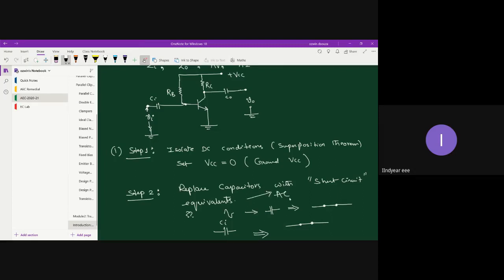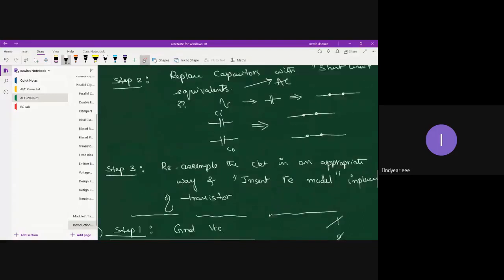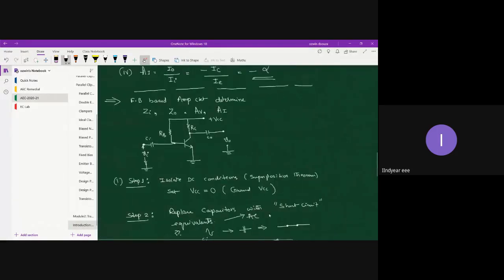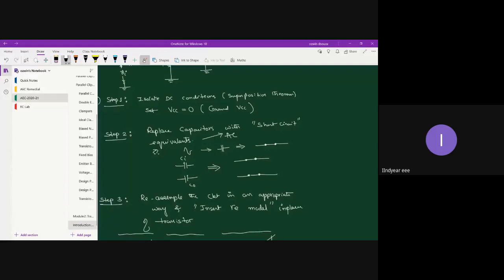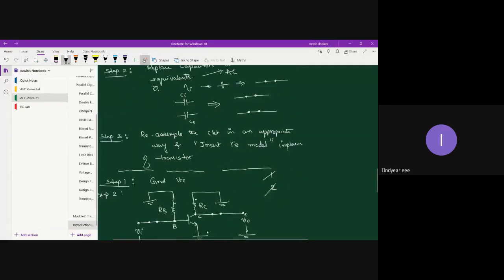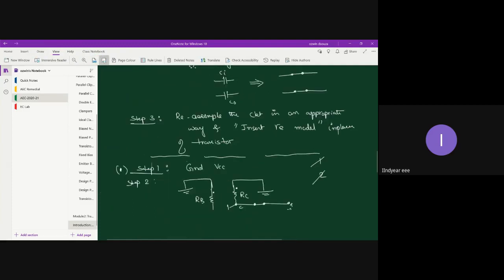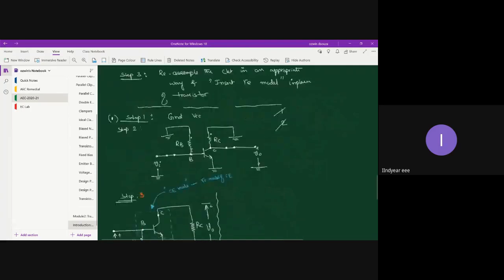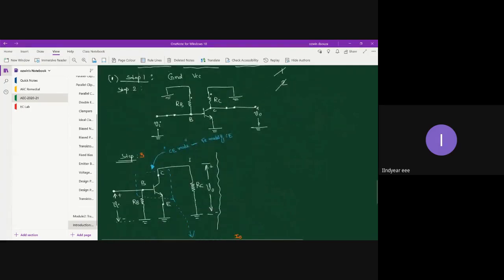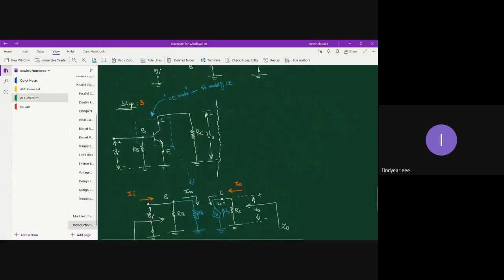By doing that, what we get is something of this kind. By applying step number 1 and step number 2, we get something like this.